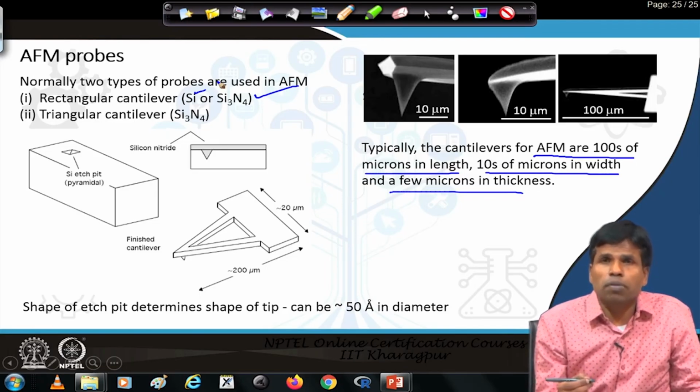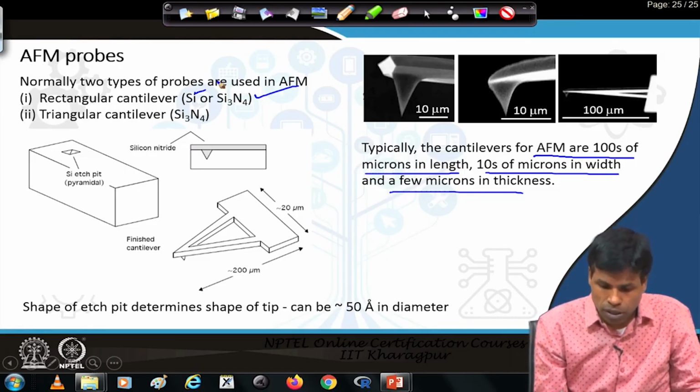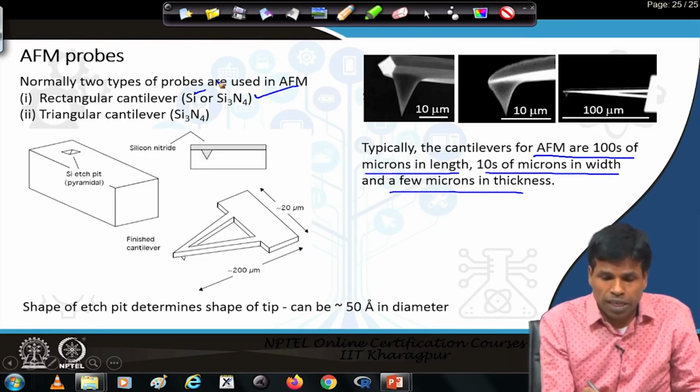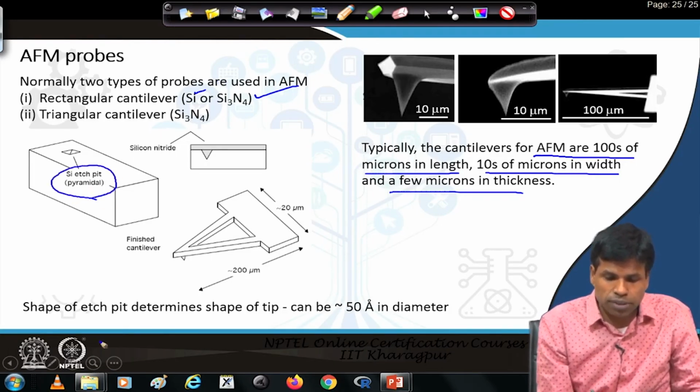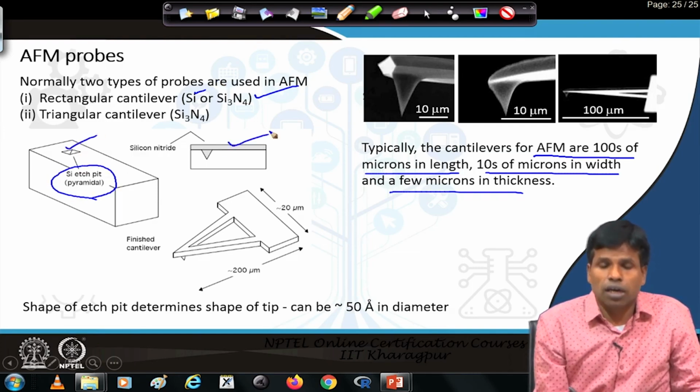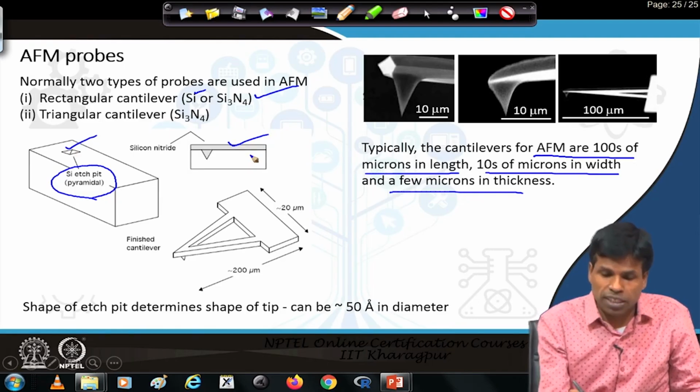The technology of the microelectronics or silicon technology industry is utilized to fabricate the tips or probes for the atomic force microscope. As you see here, it is a silicon substrate having a pit, and then silicon nitride Si3N4 is deposited by chemical vapor deposition, and once silicon nitride is deposited, the silicon can be etched away.